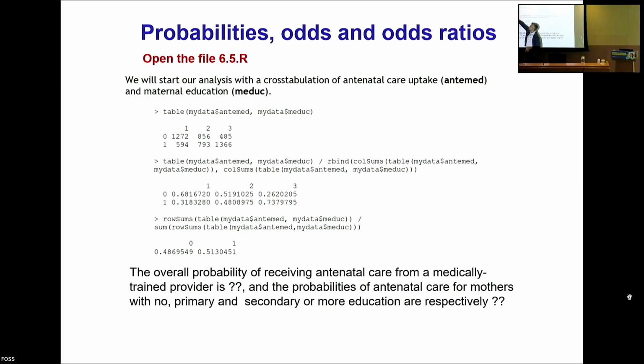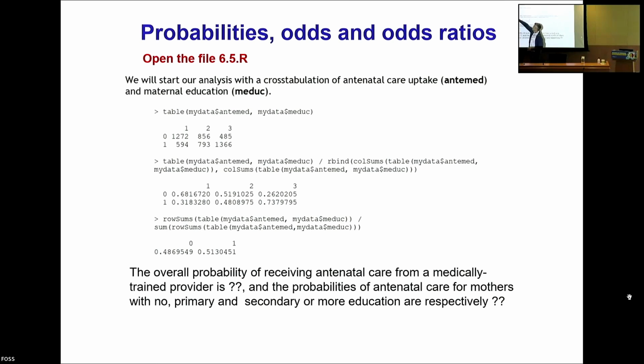And 0, 1, so 0 is no antenatal medical care, and 1 is they received antenatal medical care. So this gives you the cross tabulation, how many mothers there are in each of these categories for these two variables. Of course, it's very hard to see the overall pattern. You need to calculate the proportions.